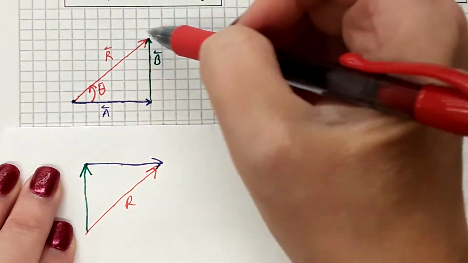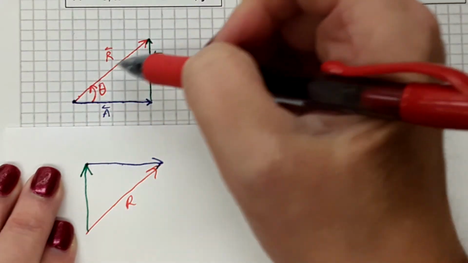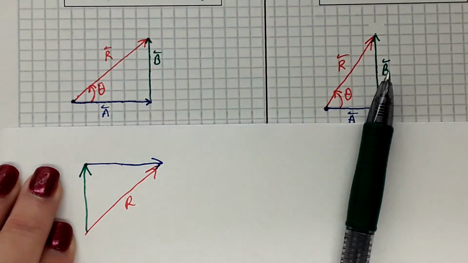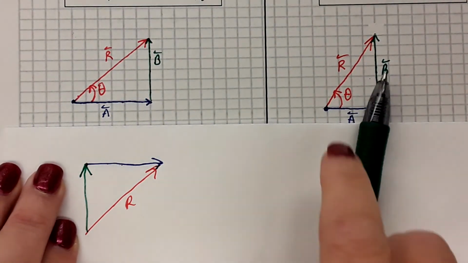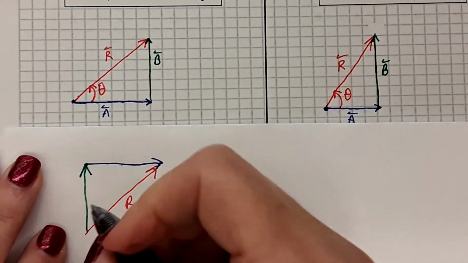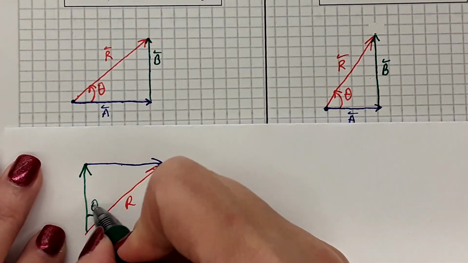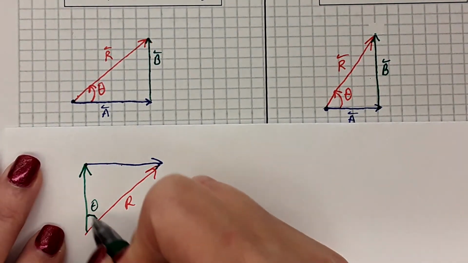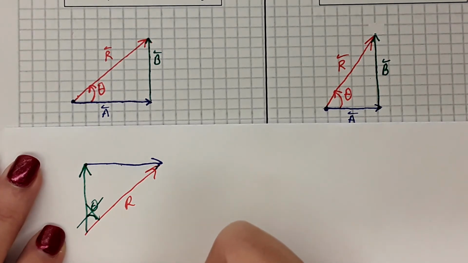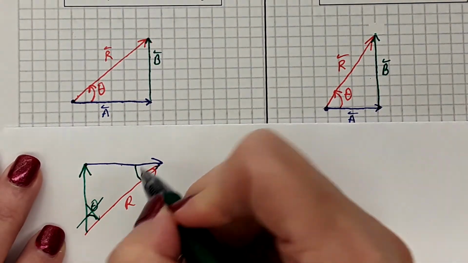It'd just be this half of the rectangle made by the vectors, okay? But here's the catch. When they do it this way, they want to measure this angle. And that's a no-no, because that's the one next to the vertical, and we don't reference from the vertical. We reference from the horizontal.